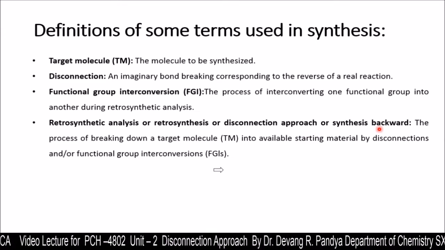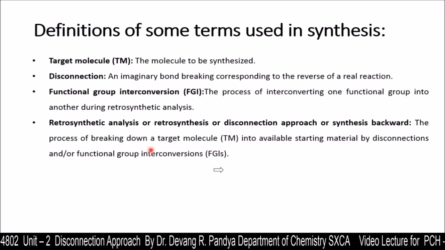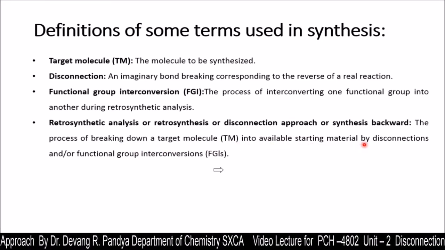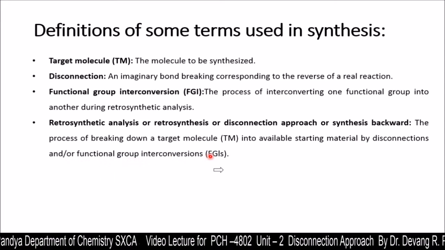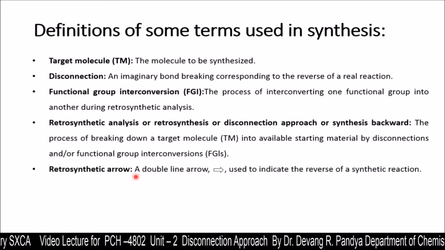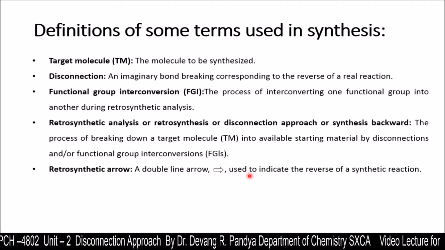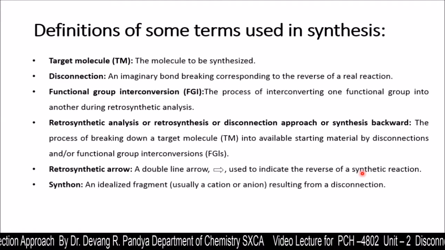Synthetic analysis, or retrosynthesis, or disconnection approach, or synthesis backward. Any term would be asked, you need to define it as the process of breaking down a target molecule into available starting material by disconnection and or functional group interconversion using FGIs. Retrosynthetic arrow, that is a double line inclined arrow, is used to indicate the reverse of a synthetic reaction.